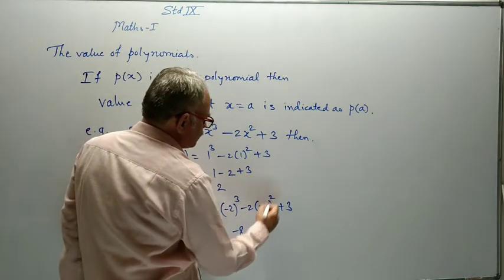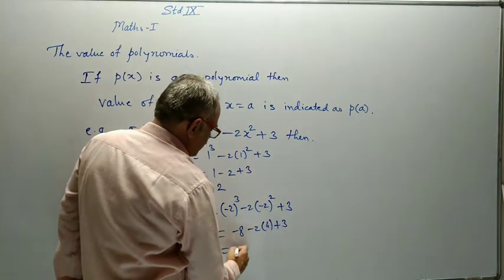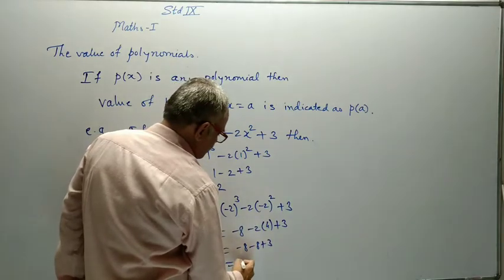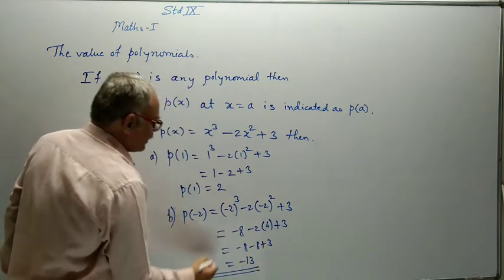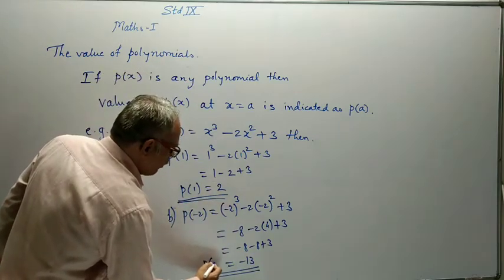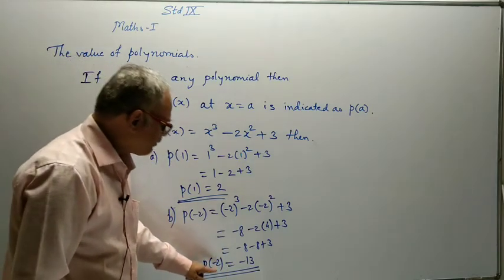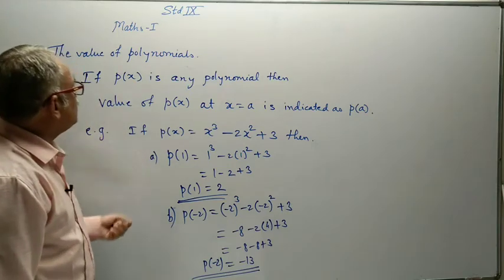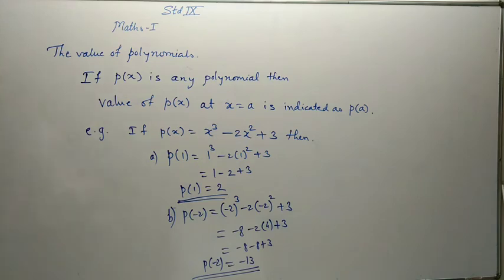Minus 2 into minus 2 square is minus 2 into 4, so this is minus 8. Minus 8 minus 8 plus 3, minus 16 plus 3 is minus 13. What is the meaning of p of minus 2? Value of polynomial p of x at x equal to minus 2. Like this, we have to solve value of polynomial questions related to 3.4.